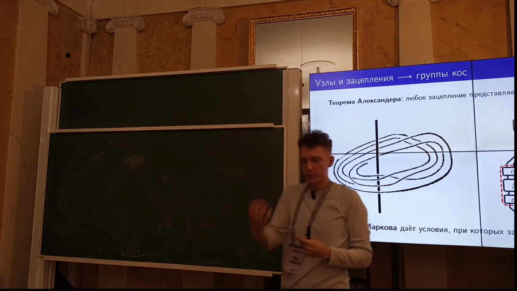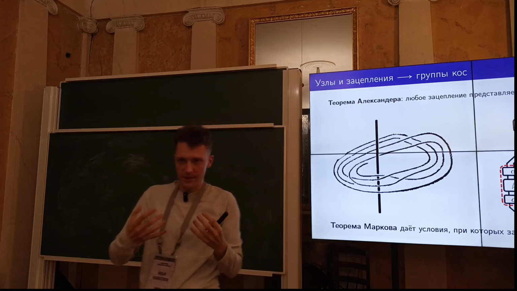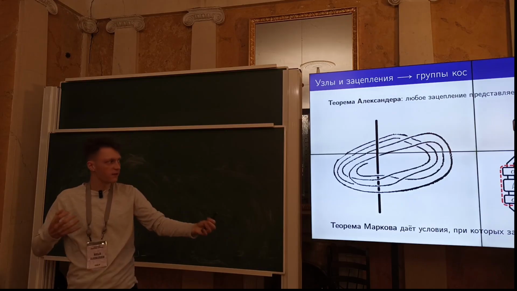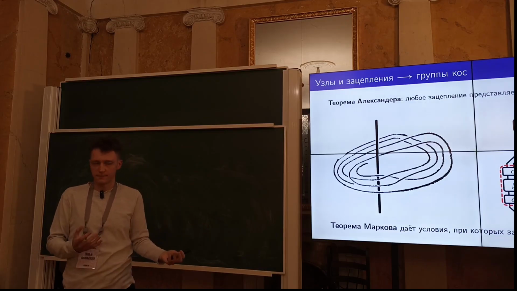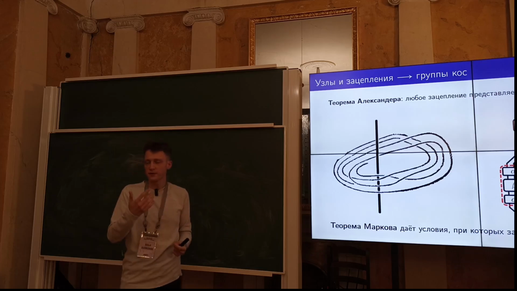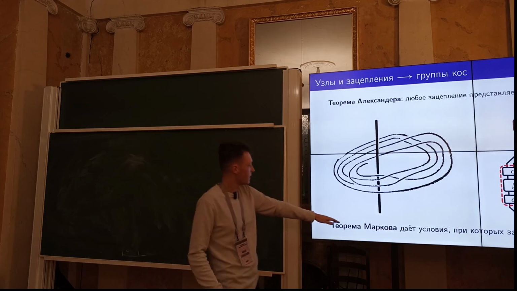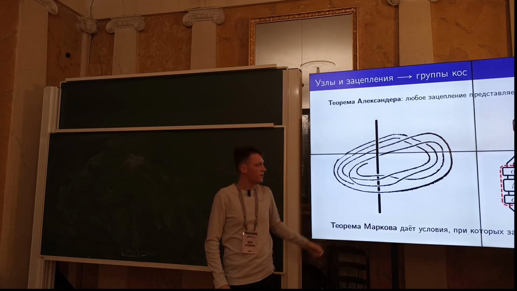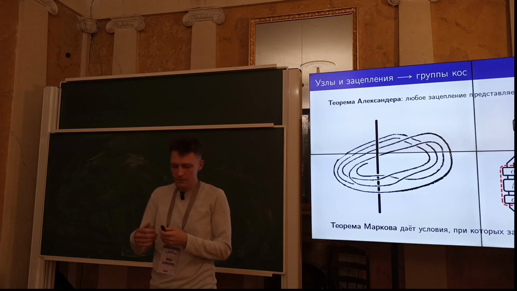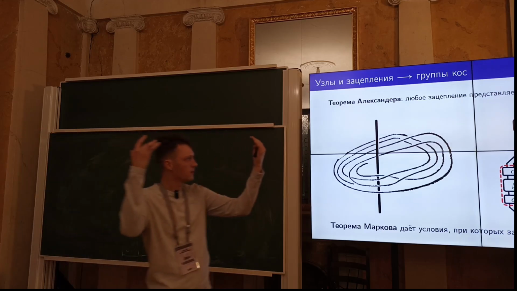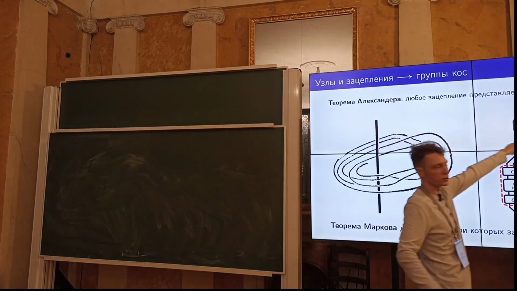So for each knot or link, we have an infinite number of braid representatives from different braid groups on different numbers of strands. And a theorem of Markov gives necessary and sufficient conditions for two braids to yield the same closure.